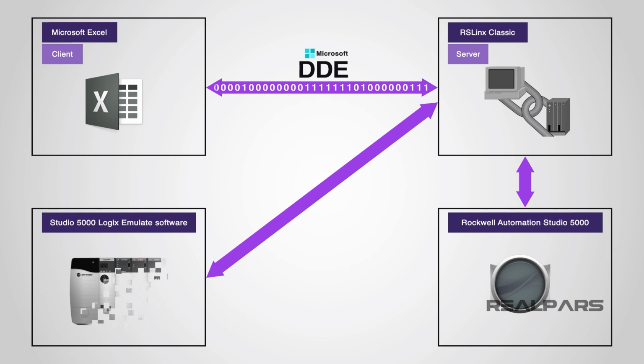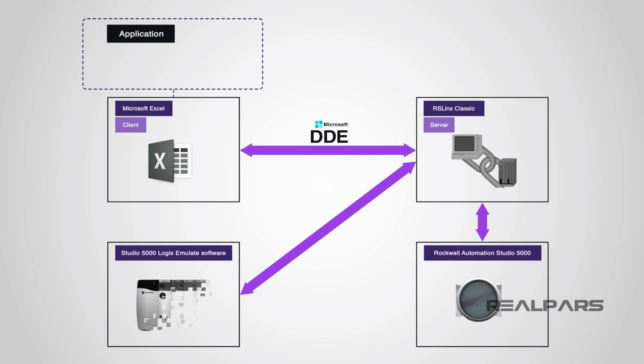To initiate a DDE conversation, a client specifies three items: the application, the name of the application it wants to talk to. Usually, this is the application's executable file name, for example, RSLinx. The topic, which is the subject of the conversation created by the user, and should be something which makes sense.